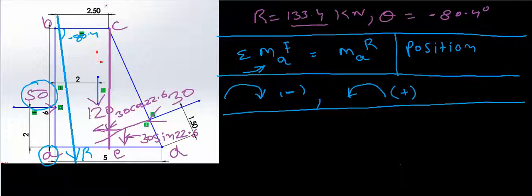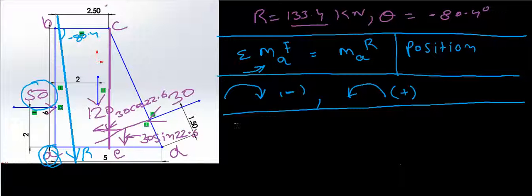So I am taking a point which is A, this point, and I want to add the moments of all the forces about this point A, which is also equal to the moment of my resultant about this same point.